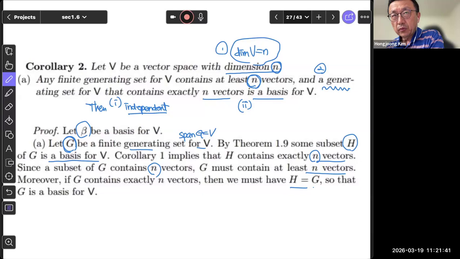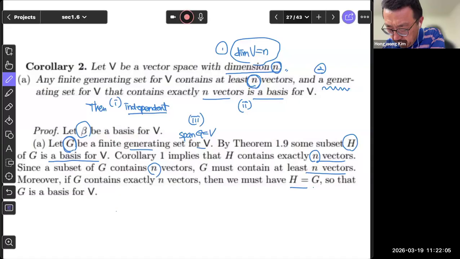And we observed that if the dimension is n, and please note, we can always show this one.